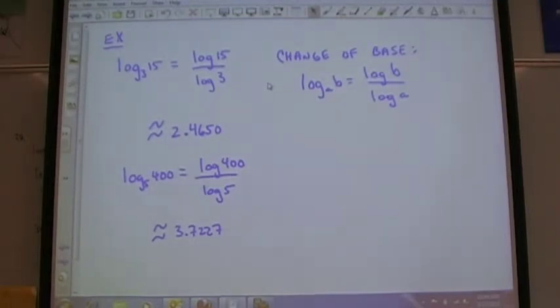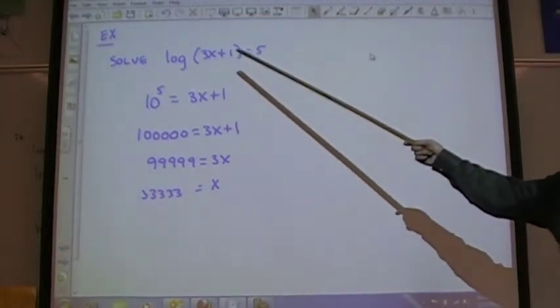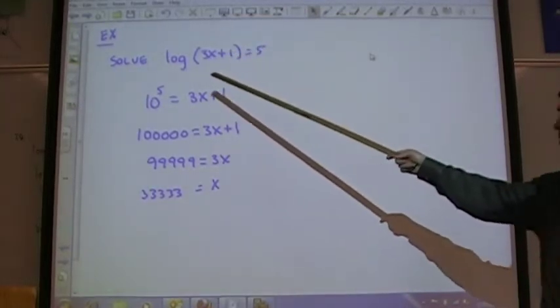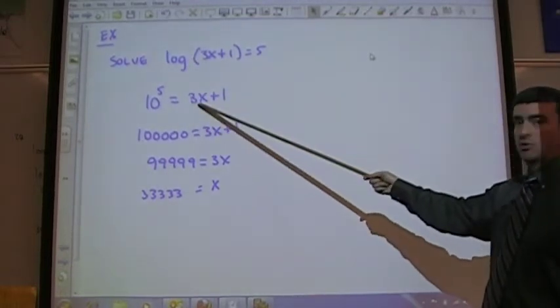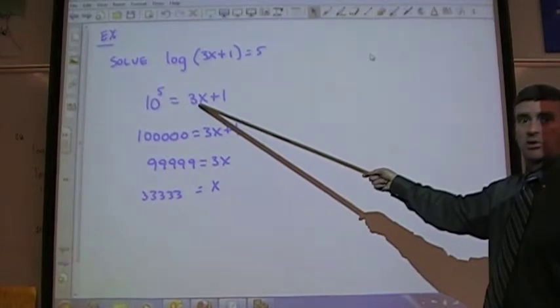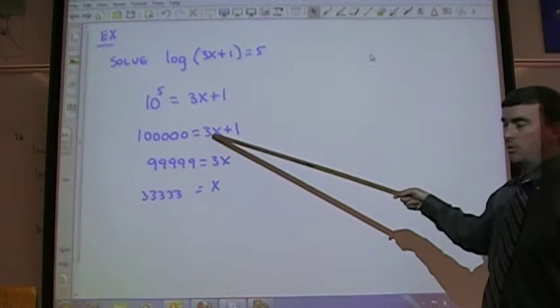All right, now the next one, solve this equation. Solve log of 3x plus 1 equals 5. If there's not a base number, it's understood to be 10. So the first thing you do here is get rid of the logarithm and change it to exponential form. 10 to the 5th equals 3x plus 1. And once you get there, you should be set. 10 to the 5th is 100,000 equals 3x plus 1.